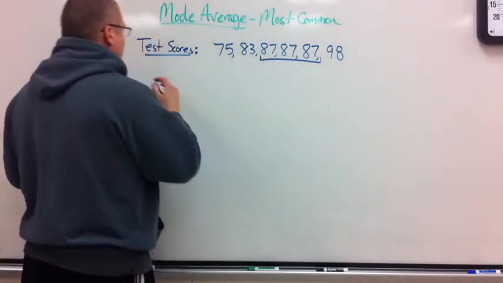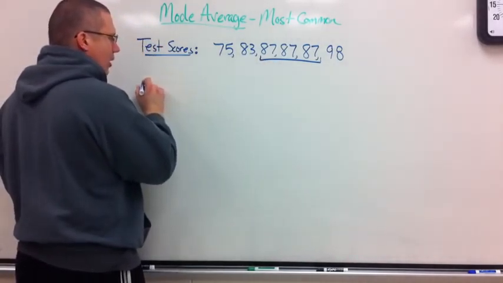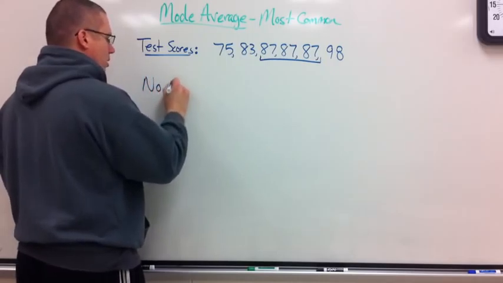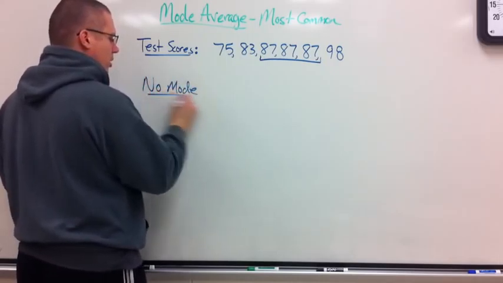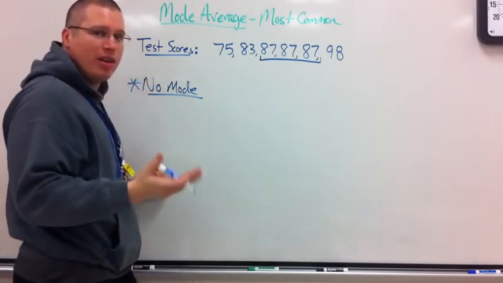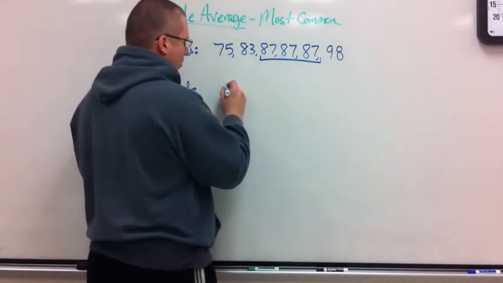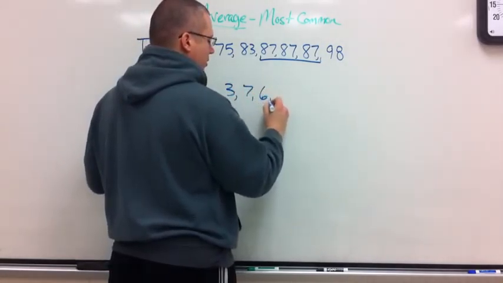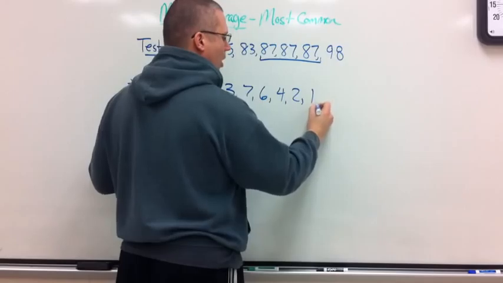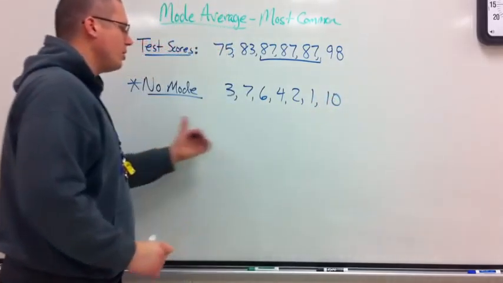So that's one way the mode is used. Just a note about modes. I could have a situation where there just isn't any mode. There are no numbers that repeat. So for example, 3, 7, 6, 4, 2, 1, 10. What's the mode?